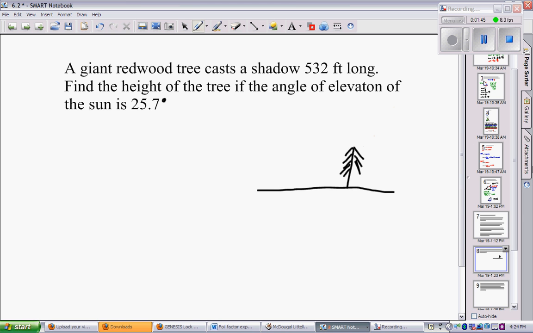Over here, up to the right, we have the sun. And the tree's casting a shadow, and the shadow goes out 532 feet long.